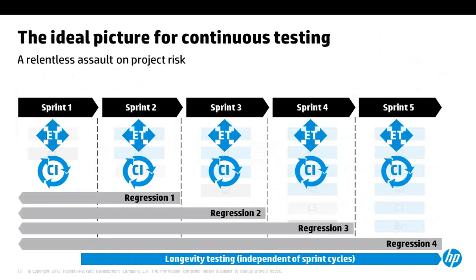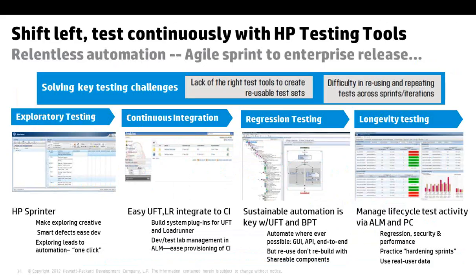So let's talk about the HP tools that are helpful in these 4 areas of testing, starting with exploratory testing in a little bit more detail. As I said, exploratory testing involves testing applications while there are no documented test cases. But having tools like Sprinter can help people do exploratory testing more efficiently. While you are doing that exploratory test, it is important to capture the test results and document that test and share that information back with the developers in a readable way, so that the developer can reproduce the defect.